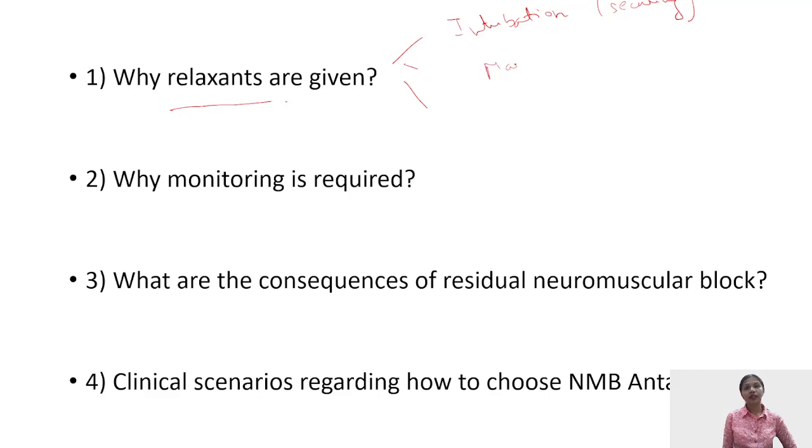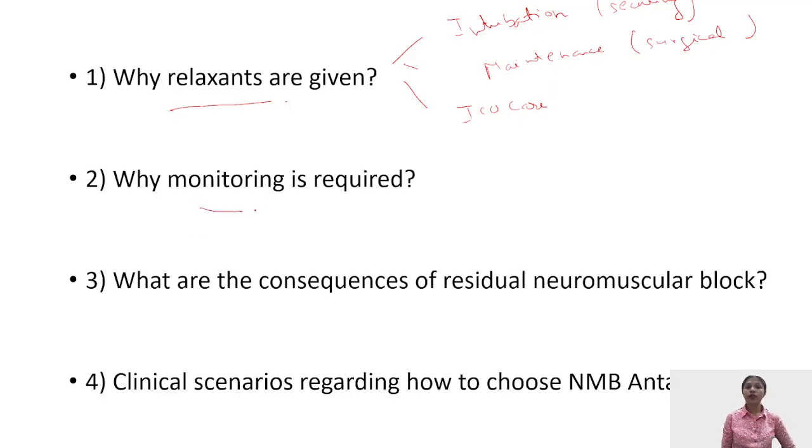Second, maintenance, to provide a good, motionless surgical field to the surgeon. And lastly, in the ICU care, in order to decrease the work of breathing of the patient and put the patient, for example, of respiratory failure, on ventilators. These are the three main reasons why relaxants are given.